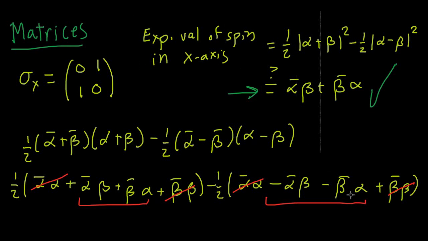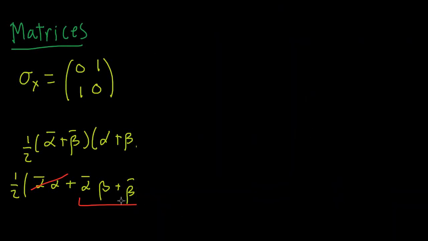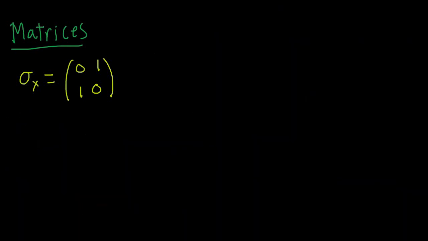So we spent a lot of time talking about measurements in the x direction, but we have 2 other perfectly good axes to talk about, right? We have the y direction and the z direction. So what are the matrices that will give us the expectation values in those directions?